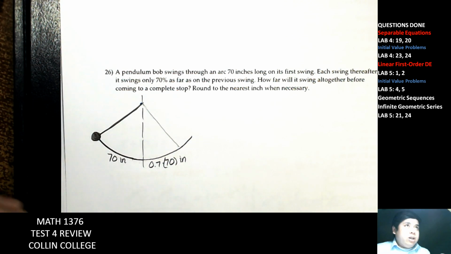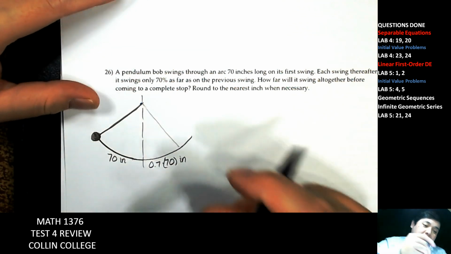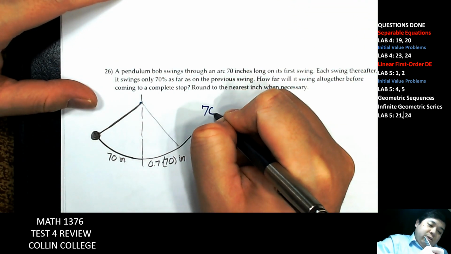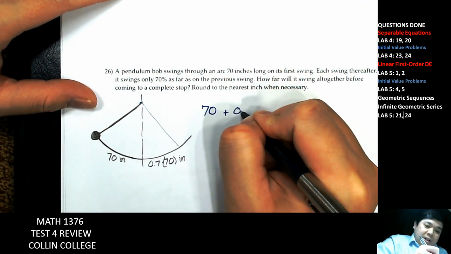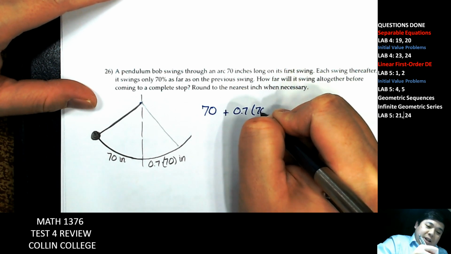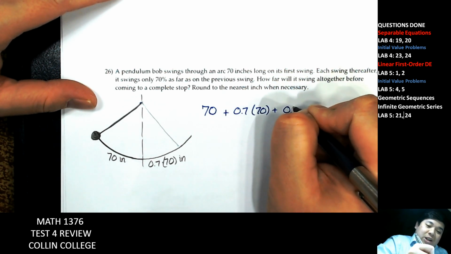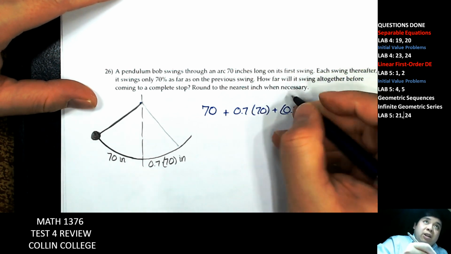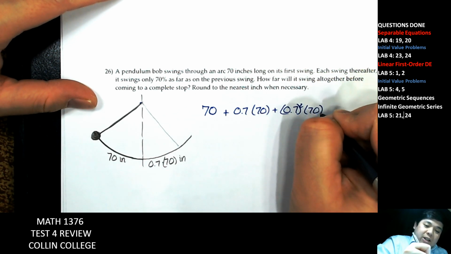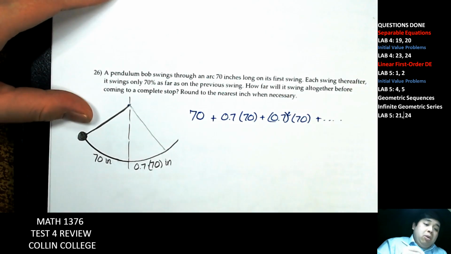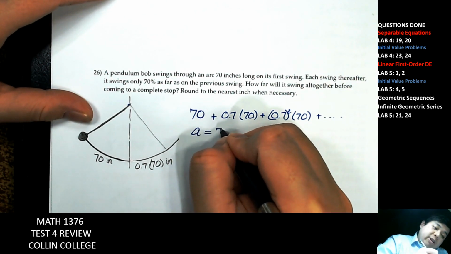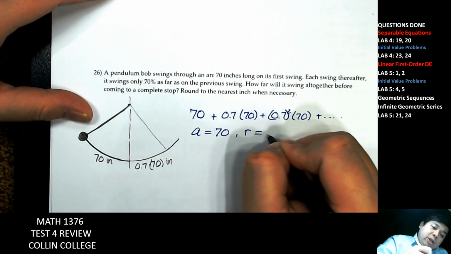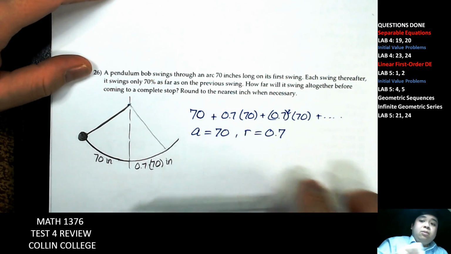If we write it out, it will be 70 for the first swing, then 0.7 of the 70, then another 0.7, and so on. So the first term is 70 and the ratio is 0.7.